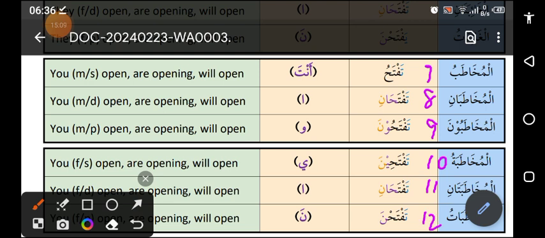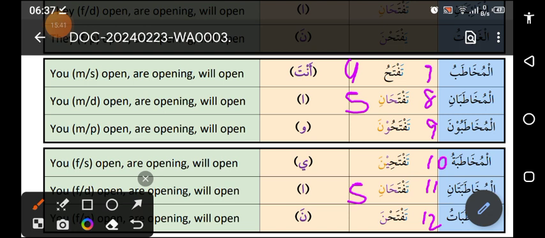Taftahu we have already seen in the first six sigas, which was taftahu hiya, siga number 4, and then taftahani we have seen above as siga number 5, which is the same as siga number 8, which is the same as siga number 11.